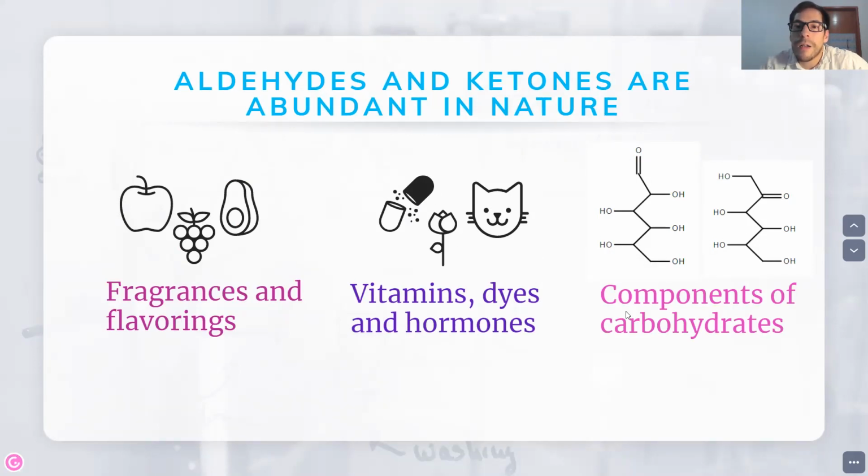And basically, all of the carbohydrates have these functional groups in their structure. For example, glucose, the most common sugar that we process in our cells, is a type of aldehyde with a lot of alcohol groups. And fructose, which is part of sucrose or sugar, is a type of ketone.